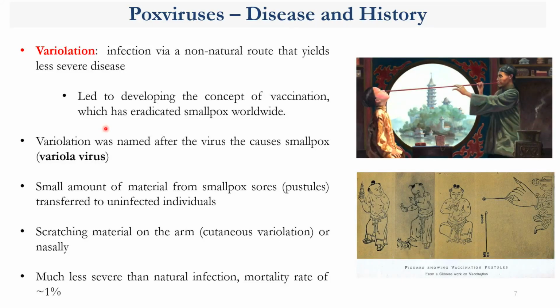The variolation procedure was named after the virus that causes smallpox. It's called the variola virus, okay? And the way people used to vaccinate against this is they didn't know what was actually causing the disease, obviously, but they did know that if someone was exposed to smallpox sores or the pustules, they did not develop as severe a disease, okay?